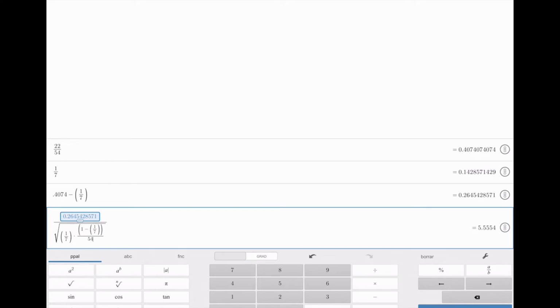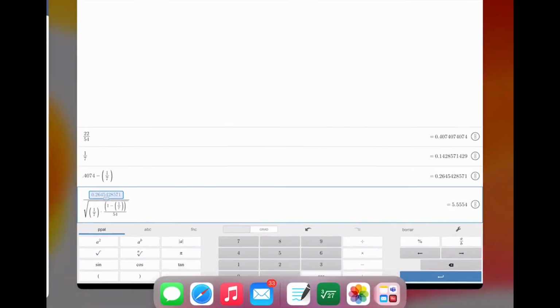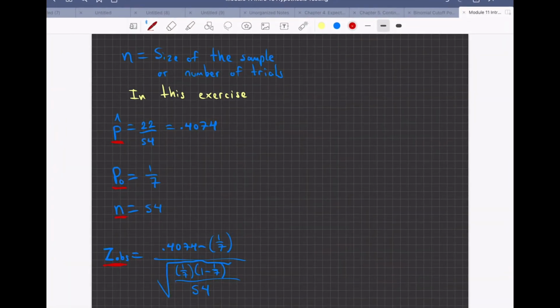And notice the answer is 5.555. I'm going to round it up to 5.56. So C observed is 5.56.